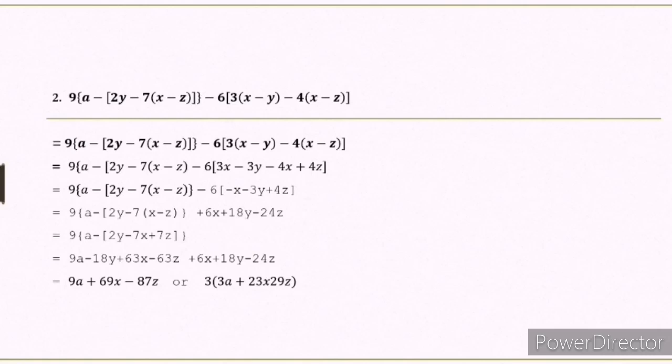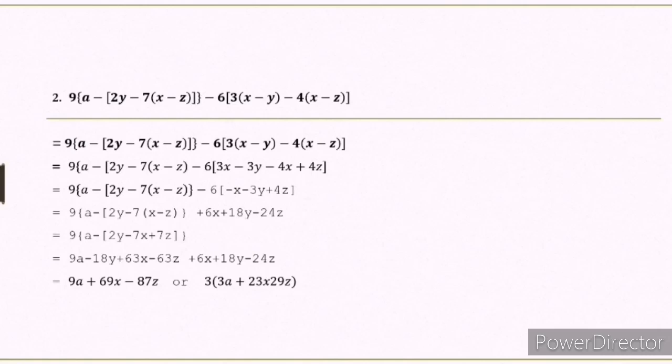We get that from 9 times 2y is equal to negative 18y. Then 9 times negative 7x is equal to positive 63x. 9 times positive 7z is equal to negative 63z.